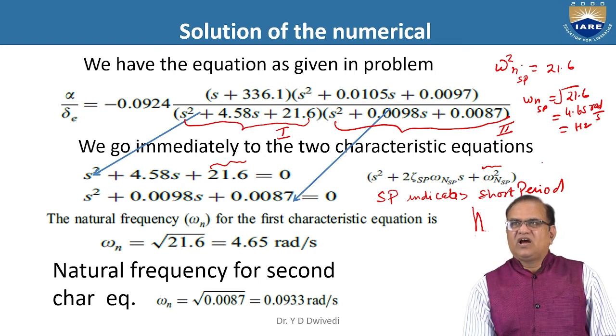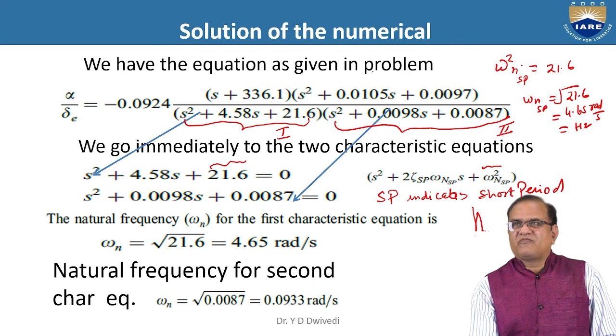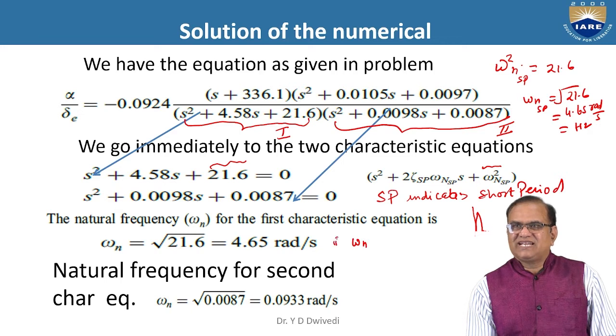Now if we want to find out the second characteristic equation, omega n for the second case is equal to under root 0.0087.